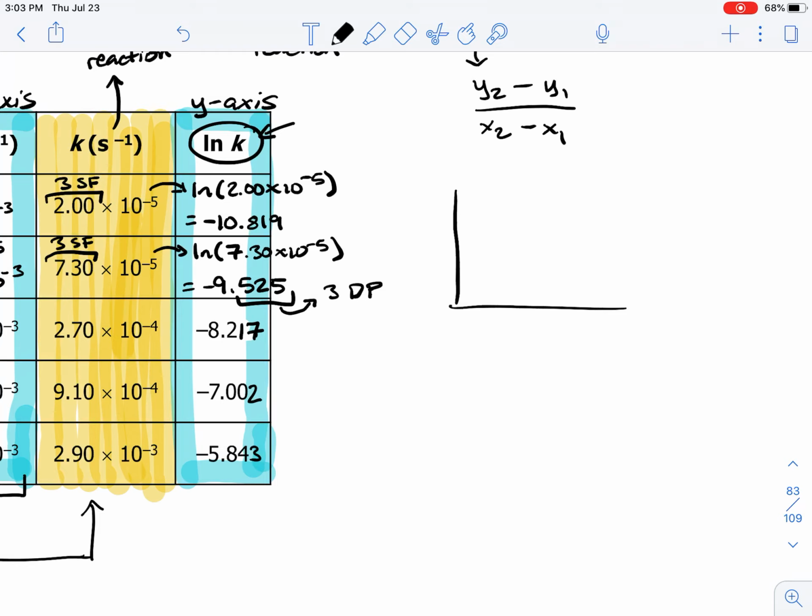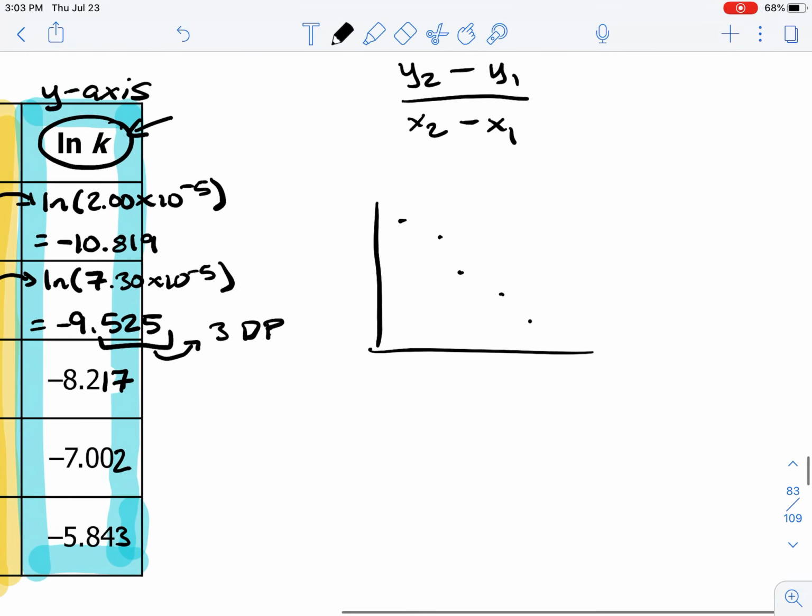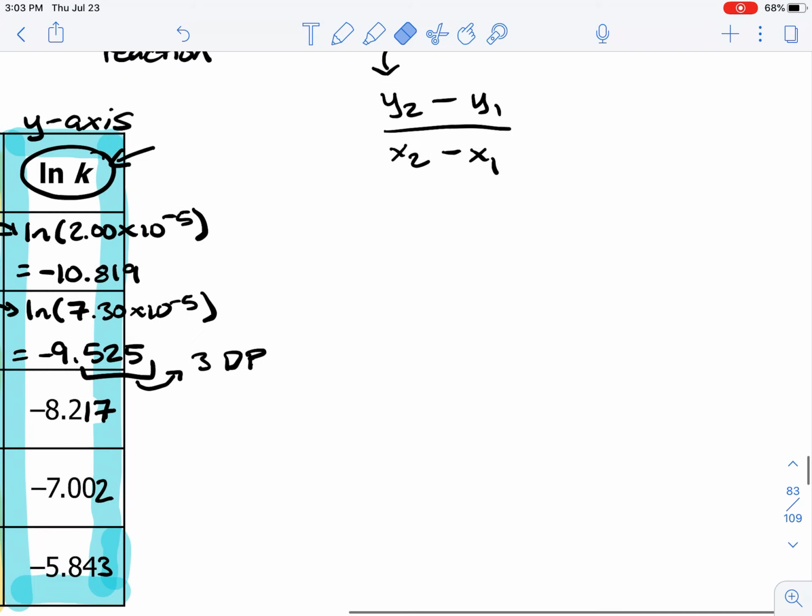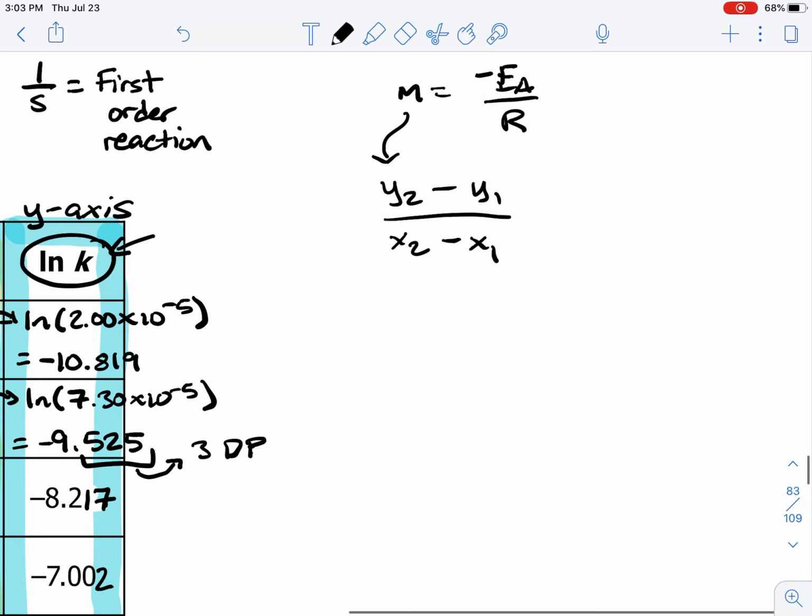I actually drew it the other way, so it'll be like this. Notice how these points are not all in a straight line, so you are going to tell Excel to do a linear fit. And this just comes from experimental error. Excel will automatically tell you the slope, and you don't really need to calculate it. But if this was on your exam, you will need to know how to calculate the slope of a line.